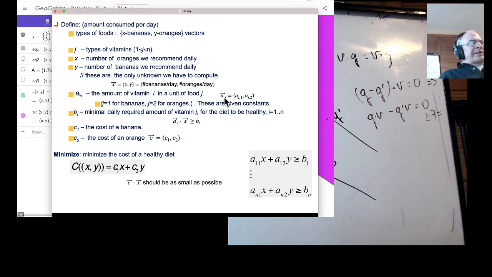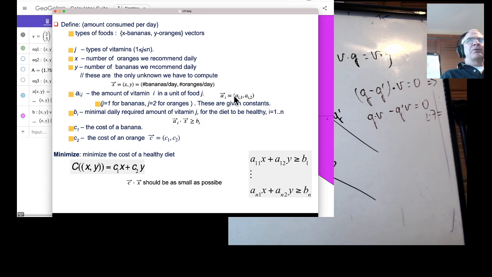So now if I write the vector ai, what is the vector ai? I can write whatever I want, so I'll define the vector ai as ai1 and ai2, these two constants that I'm getting from the food administration. Somebody that knows about food will give me these vectors ai.